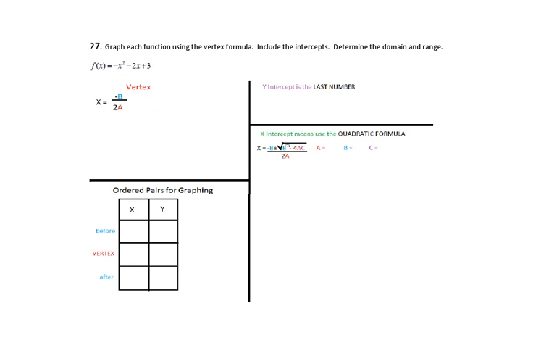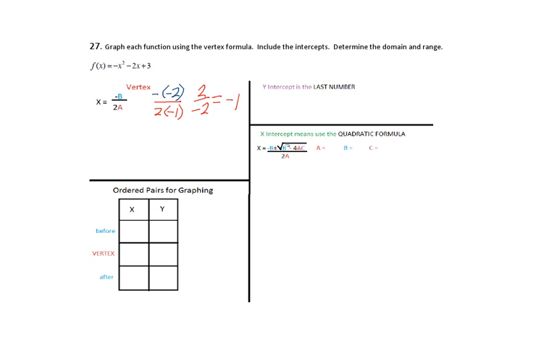All right, 27. There's a lot of stuff going on here, so we'll go a little at a time. All right, vertex, negative b over 2a. b is negative 2, so that's going to be minus negative 2 over 2 times negative 1. This works out to be 2 over negative 2, which is negative 1.